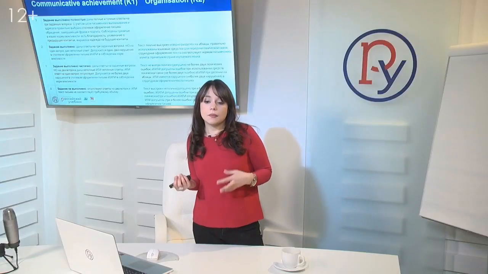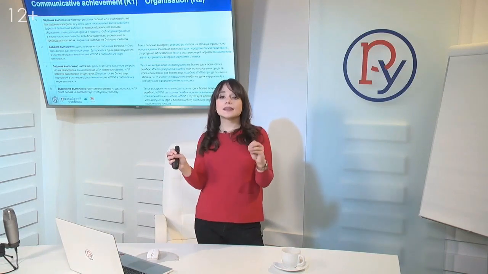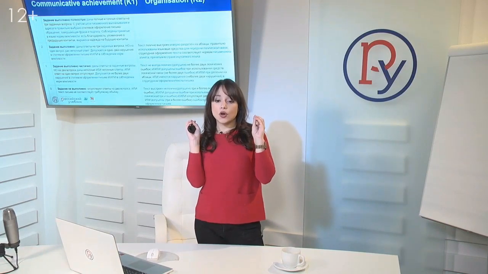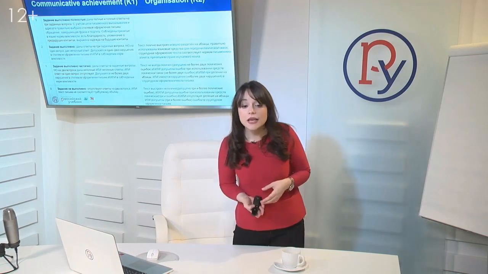So the text is divided into paragraphs, but overall there are no problems with the organization. That's what they mean, right? The text should be divided into paragraphs, right? There should be nice linkers that make the text cohesive, right? So this text is just spotless in terms of its organization.